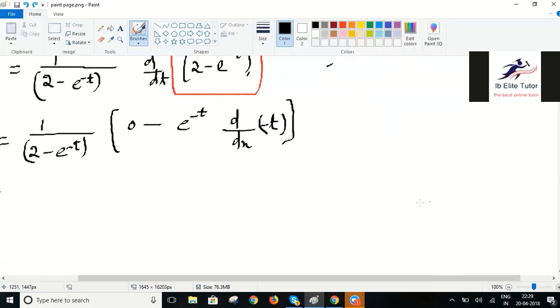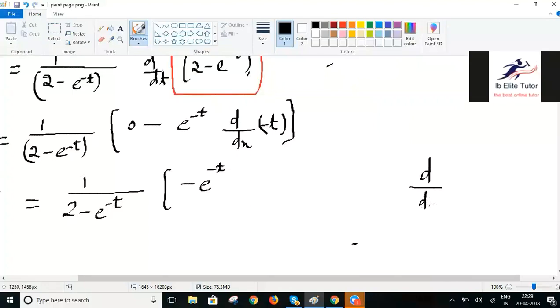What is the differentiation of x? It's 1. And what is the differentiation of minus x with respect to x?